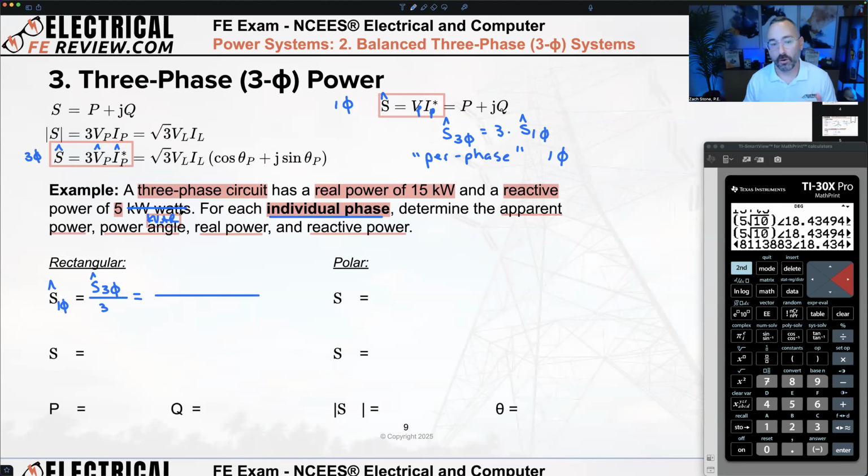If I have a three-phase circuit that has 15 kW and 5 kVAR, that's already the three-phase values. So we're going to take our three-phase P and our three-phase Q and divide by 3. So 15 kW, that's three-phase P, plus J times 5 kVAR, that's three-phase Q. Divide it by 3 to get single-phase power.